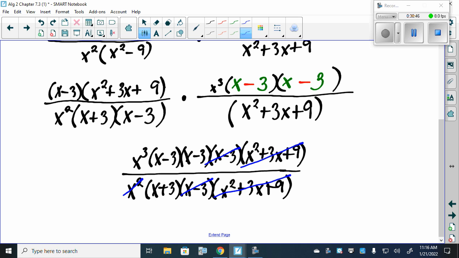These two will take out 2 on top, leaving us with just 1 on top. Is there anything else in common? No. So on top, we're left with x times x minus 3 times x minus 3 all over x plus 3.